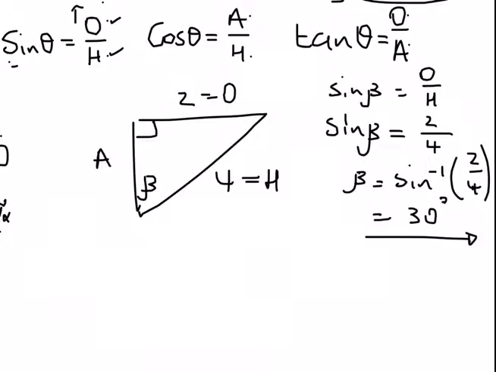But if it's R, I think the other one is G, maybe for grade, something like that, then you will not get the correct answers when you punch shift and then sine, or shift cos, or shift tan. So just make sure that if it's not D, then you need to set the mode. Let me quickly check.